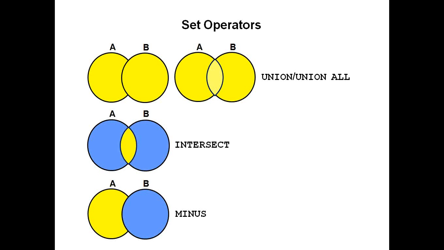If you say table 1 intersect with table 2, then it is going to display only the data which is common to A and B. And if you say table 1 minus table 2, then it is going to display the extra rows which are there in the first table. So the concept is the same as how mathematical set operators work.